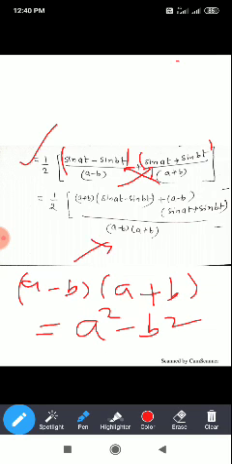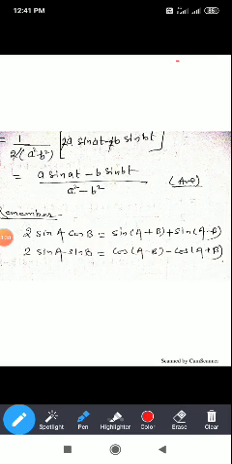So this term is converted into a² − b². So this is equal to (a sin at − b sin bt) upon (a² − b²), which is the required result of this problem.